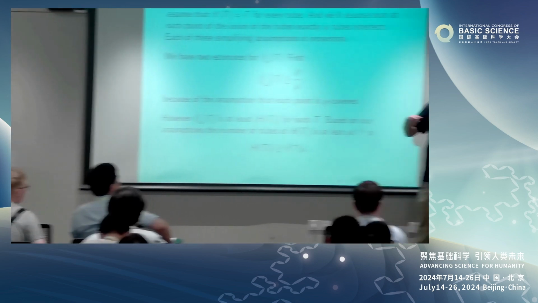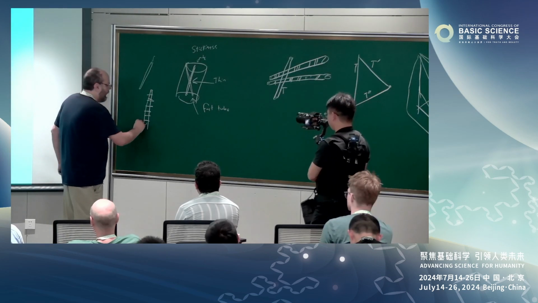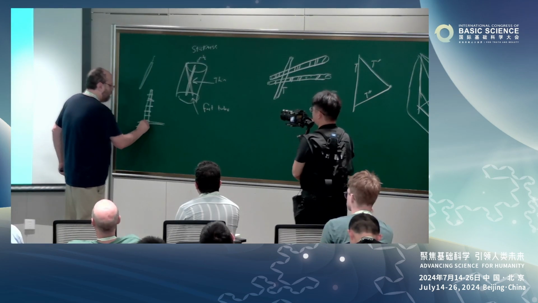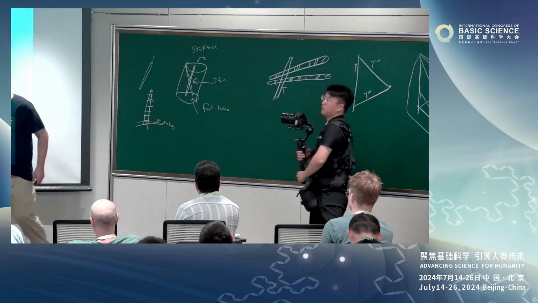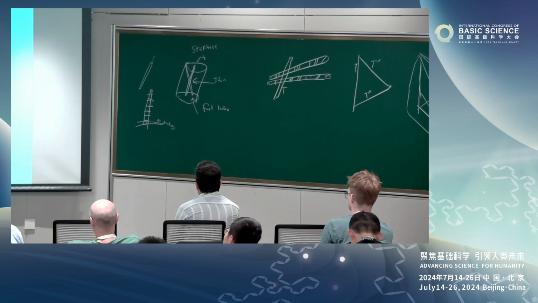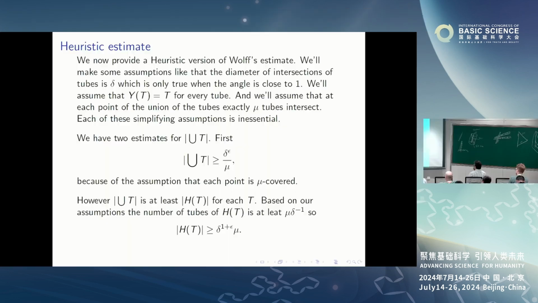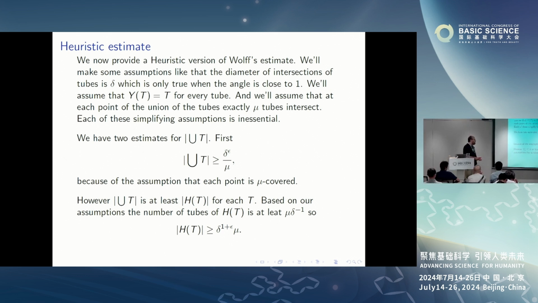I'm only counting tubes that intersect with large angle, and each one of these has mu tubes. So altogether, you have mu delta to the -1 tubes. And those tubes, because it's a hairbrush and because they separate into planes and because planes are tame, are essentially disjoint. So you multiply mu delta to the -1 by delta squared, and you get a lower bound of delta mu. So we have these two different lower bounds.